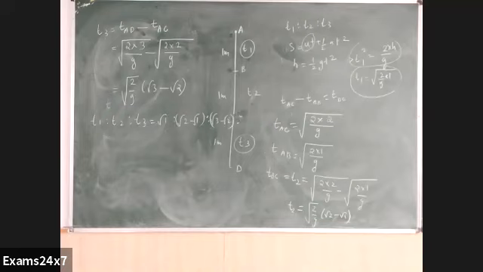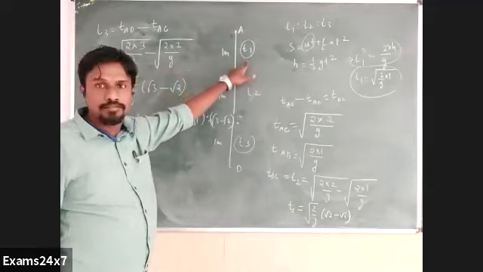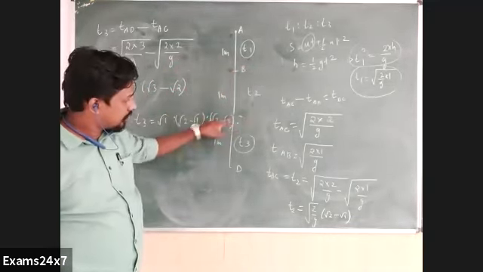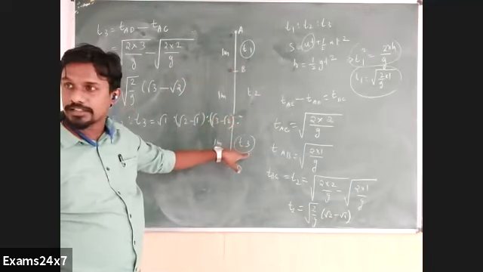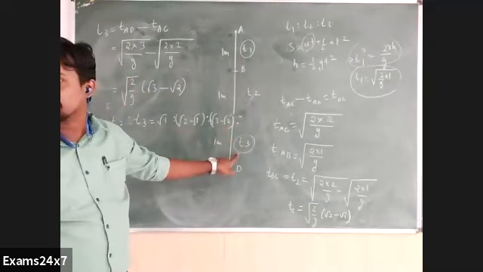Understood the situation? An object is dropped from a height h, that means from the point A. First 1 meter, it takes t1 time. Second 1 meter, it takes t2. For third 1 meter, it takes t3. You're asked to find t1 is to t2 is to t3.